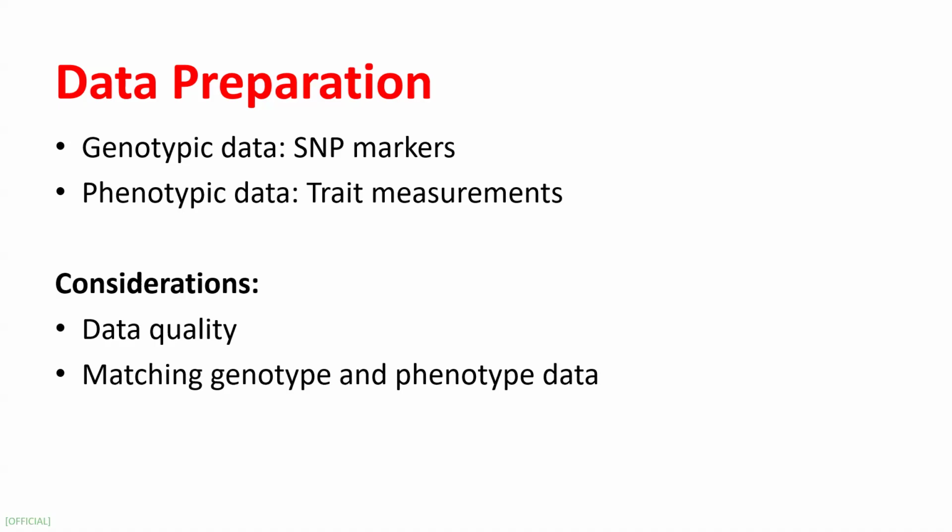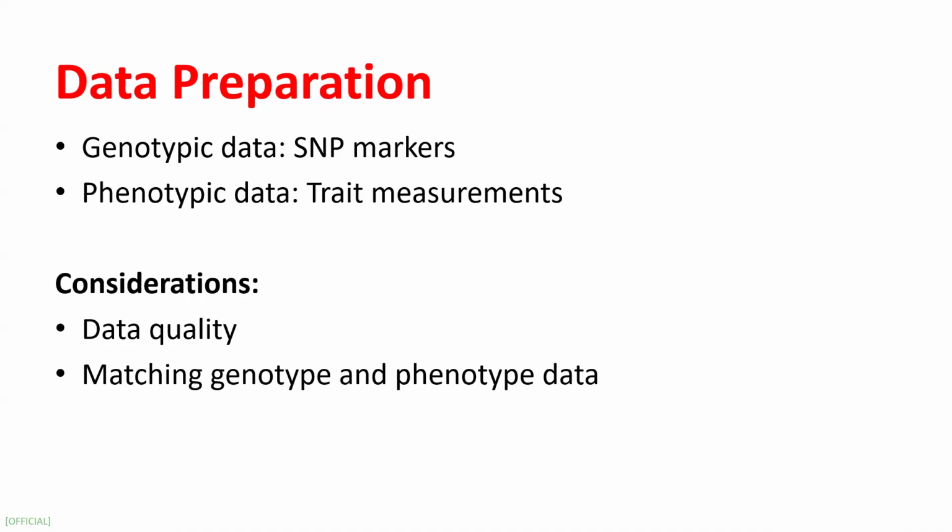And same as your genotypic data, you want to make sure that it's clean. You want to make sure that you apply quality control, which I don't want to go into details of because that is maybe not the focus of this webinar. So your data can be in different formats.